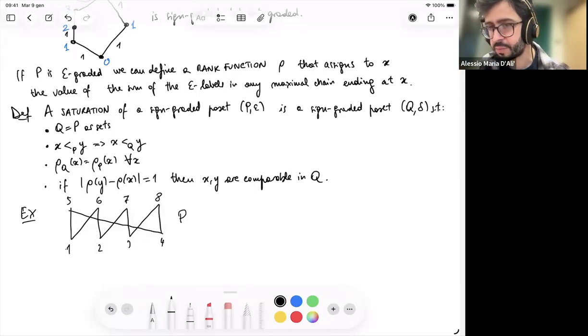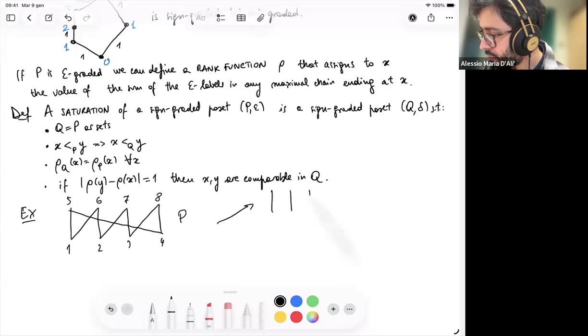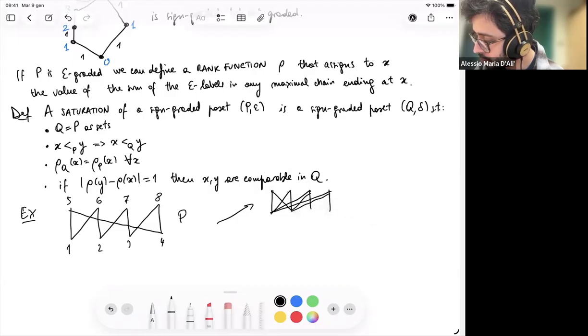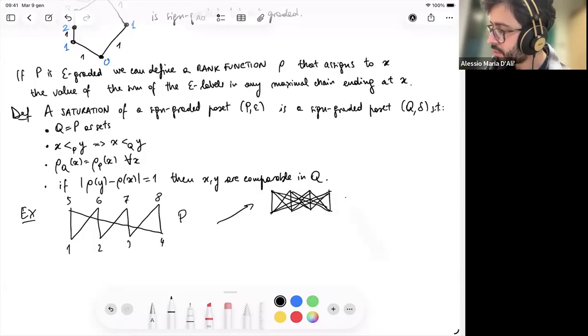Here I just mean that I have the label 1 everywhere, so there are no -1s in this particular example. But the posets Q are going to have also labels -1 maybe. So there is one saturation that is just taking all possible edges. It's not going to look pretty, but you get the idea. So in this one, all the edges I've added are just labeled by 1.